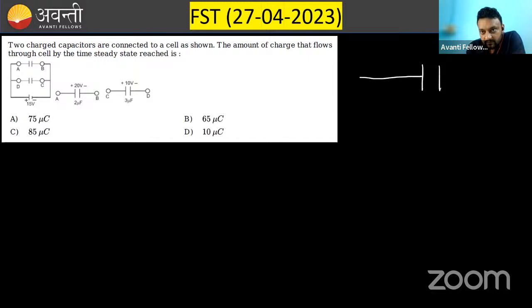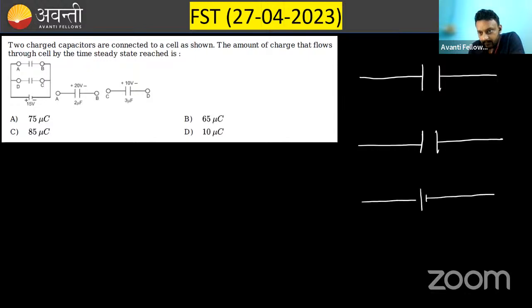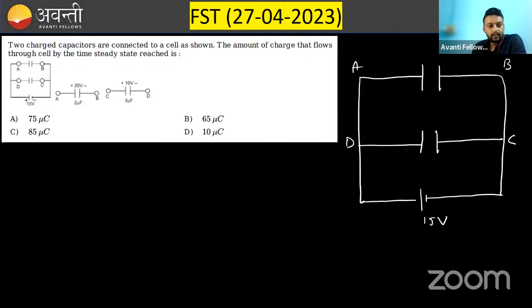This is the first capacitor. This is the second capacitor. And this is the battery. This point is A, B, this is D, this is C. This battery is of 15 volt.